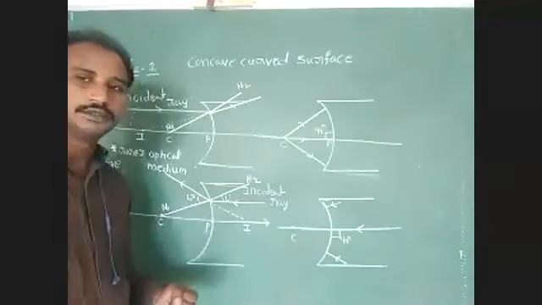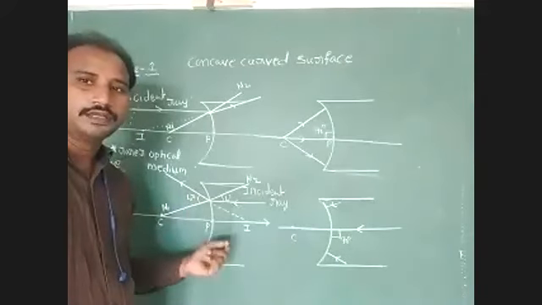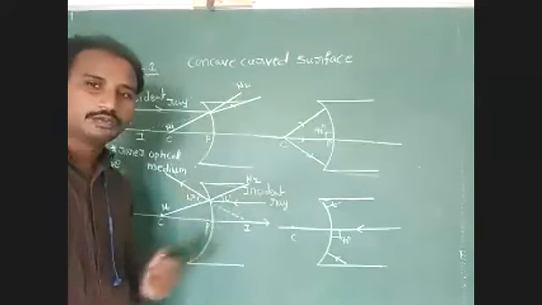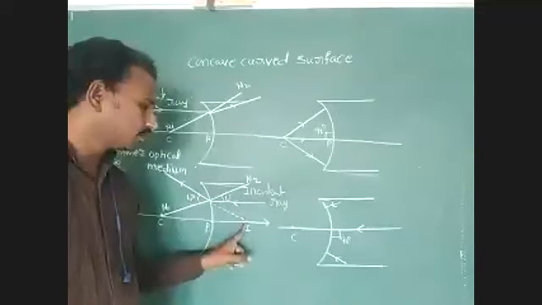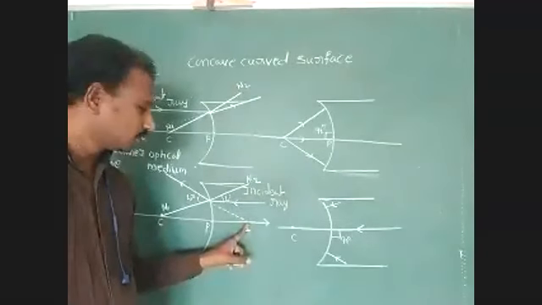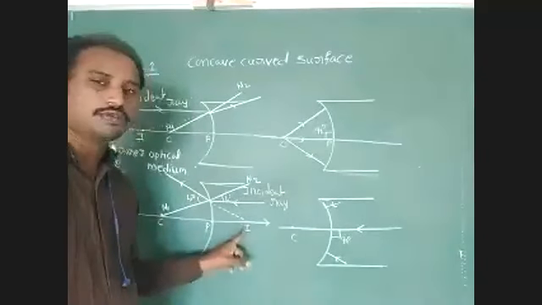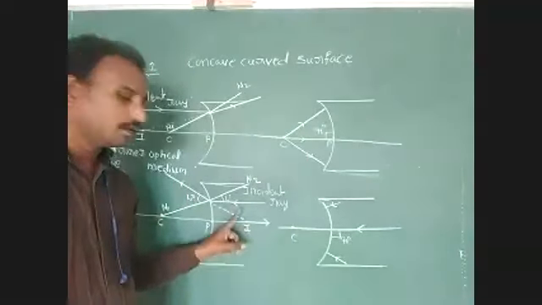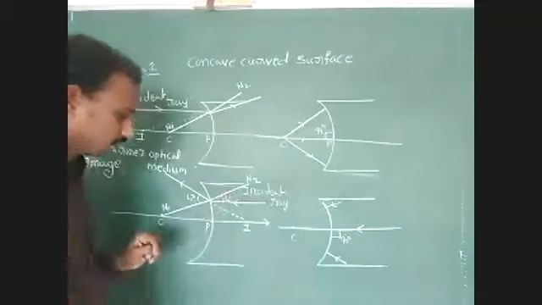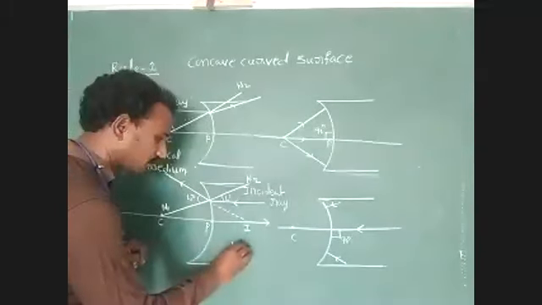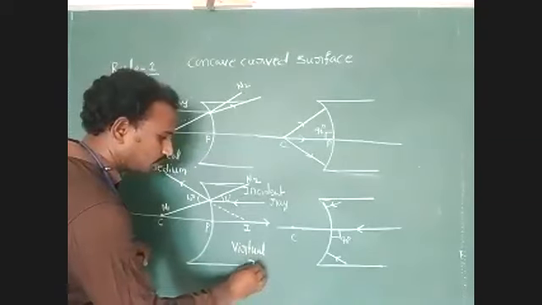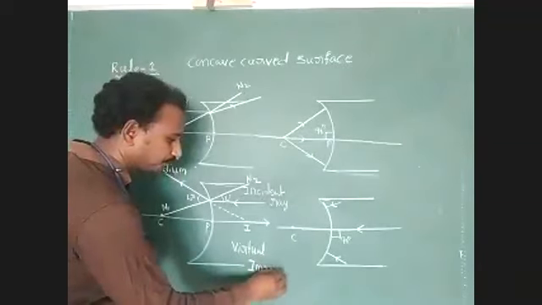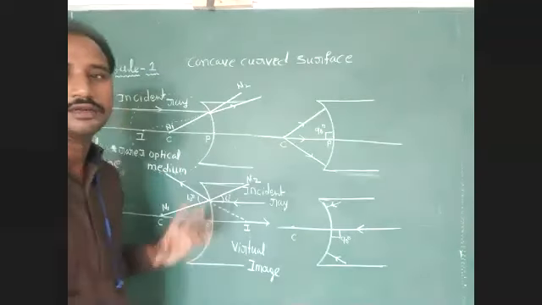Have you identified this point? It is a virtual point. The refracted ray appears from this point. This point is also called the image formation point, and that image is a virtual image.